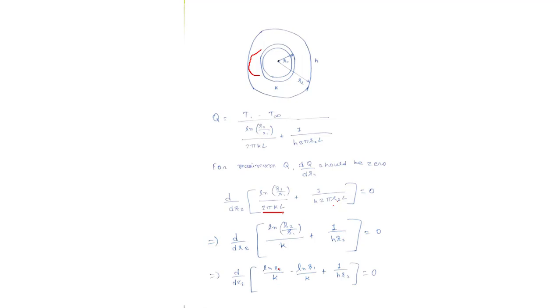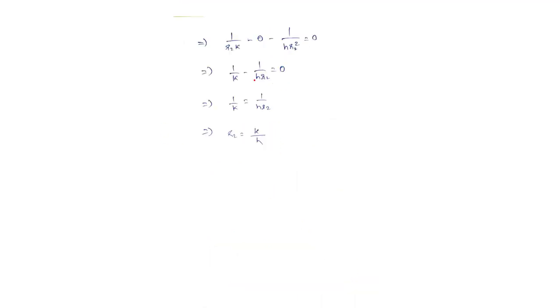Differentiating this, ln R1 is a constant, so its derivative is 0. The derivative of ln R2 is 1 upon R2, and the derivative of 1 upon R2 is minus 1 upon R2 square. So this is our derivative.